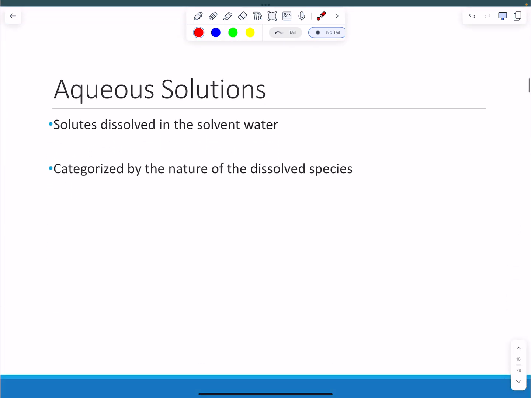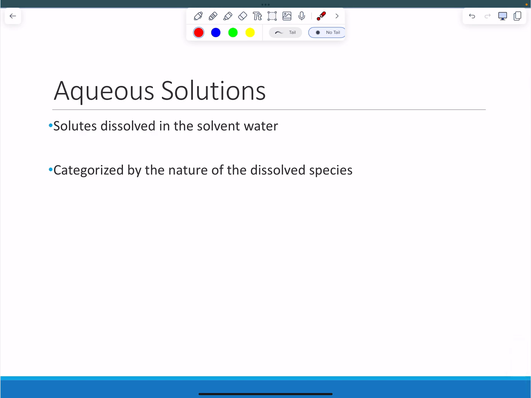All right, so aqueous solutions, what are they? We use a few terms that we'll define here. Solutes: this is going to be a solid chemical that mixes with a solvent. In this case, the solvent is water.